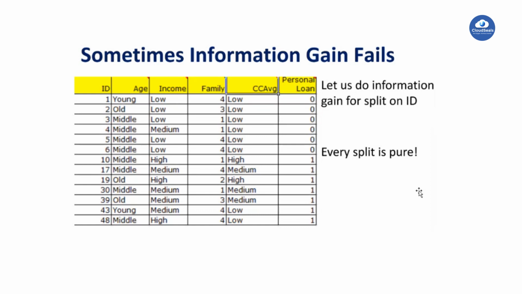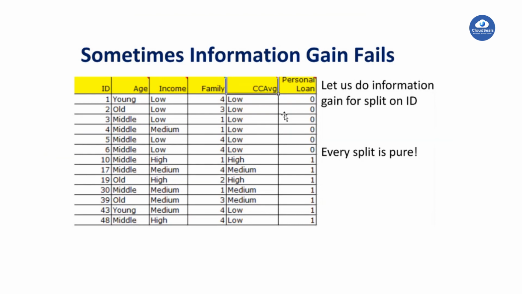1, 2, 3, 4 are the 4 splits. Again, 1 has personal loan 0 and 1. What will we do? For family 1, we again split through CCAvg: for 1 low, 1 high, 1 medium. For family 1 with CCAvg low, that is personal loan 0.